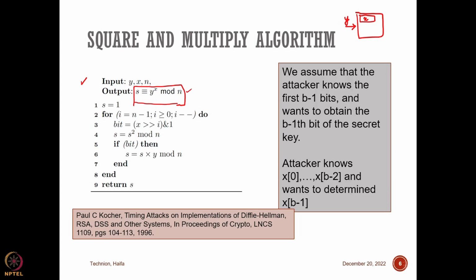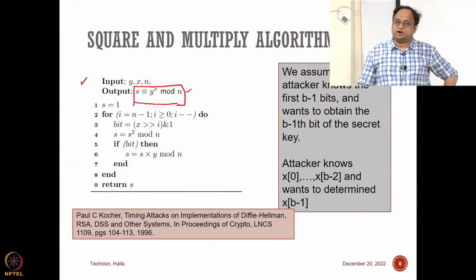So how do you implement y power of x modulo n? Note that if you see the RSA specification or specification of such algorithms, this x is very large. It could be 1024 bit, 2048 bit, and so on.